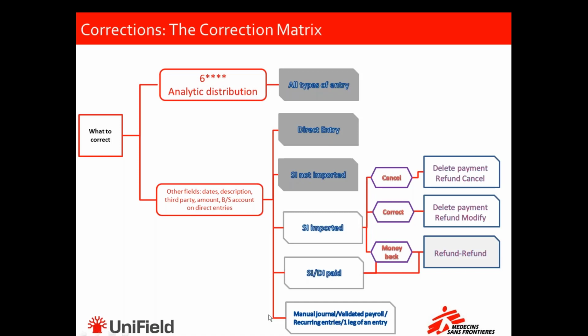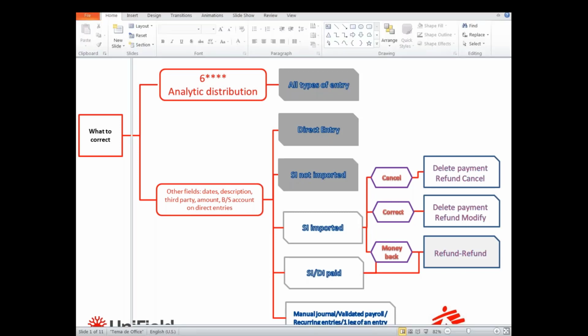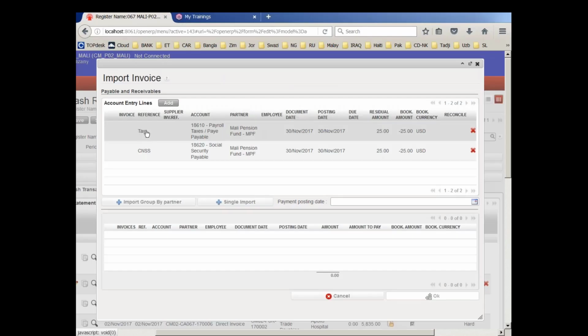Rarely is the full payroll entry wrong. But it might happen, for example, like my case there, the third party: for my tax, I used the Social Security as partner. So it's definitely wrong because you don't pay the tax to the Social Security. You pay the Social Security to the Social Security and tax at the tax office.